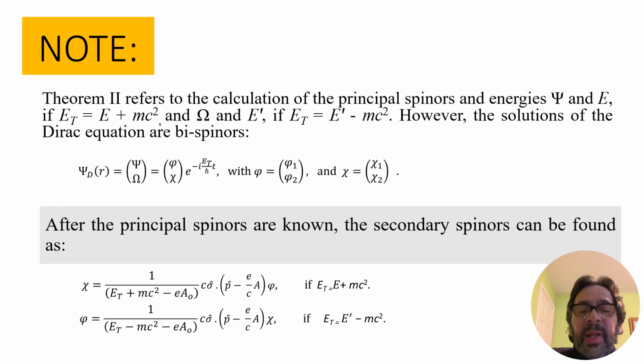After the principal spinors are known, the secondary spinors can be found as, and here you see the equation. These equations correspond to the coupled equations that are equivalent to the time-independent Dirac equation.